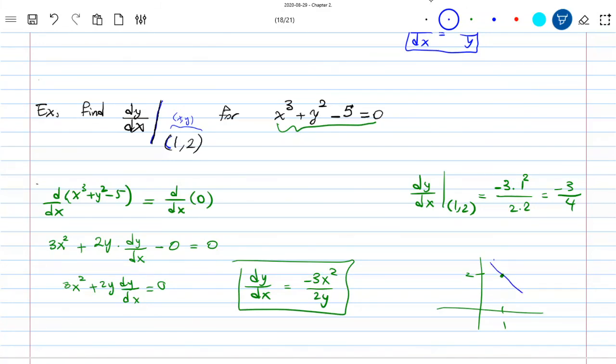Okay, so that means the graph is tangent like that at this point. The tangent line has slope negative 3 over 4. And maybe the graph is something like this. Or actually, going back, since it's not a function, you have to have multiple points for multiple y values for a specific x value.